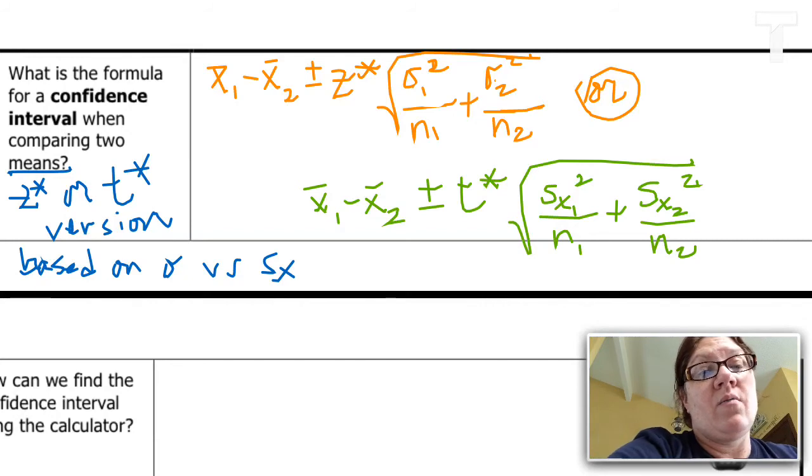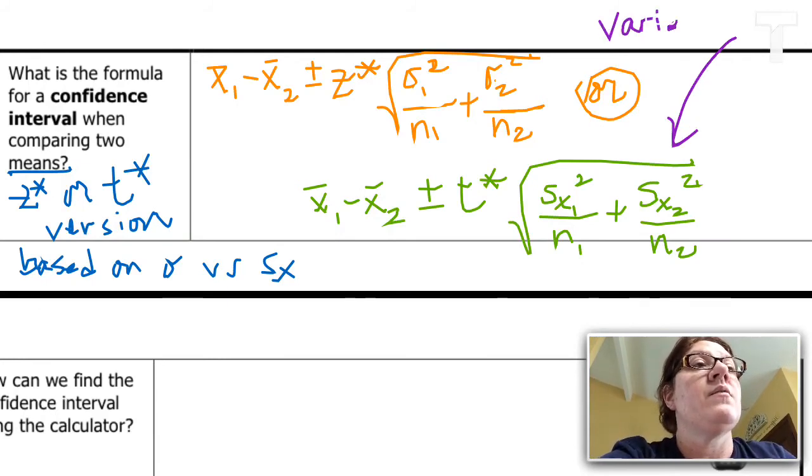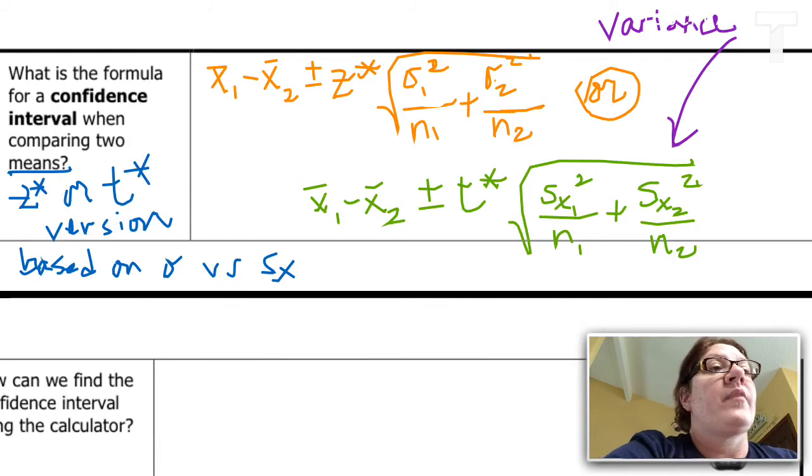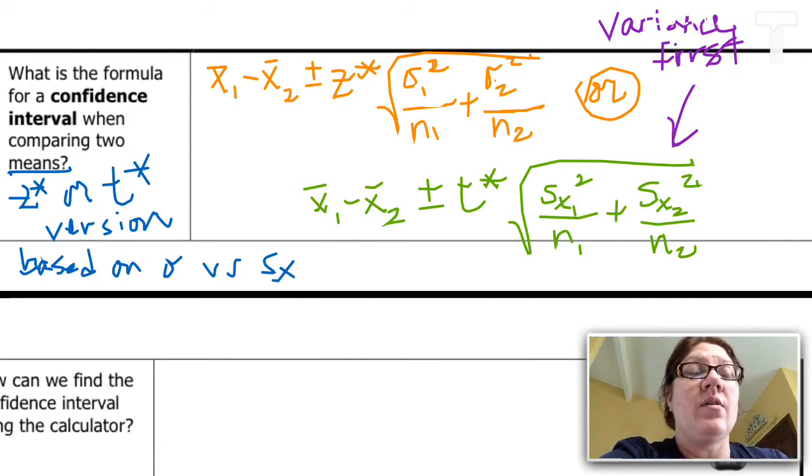And keep in mind, the reason that I'm squaring these and adding them together is because, remember, I'm actually working with variance. These are your rules for means and variances. So in order to find standard deviation, I have to work with variance first and then take the square root of it. And for the sum, I have to add their variances together and then take the square root.